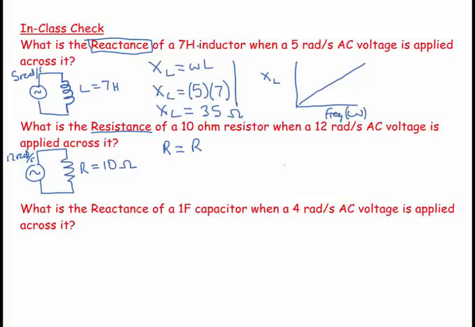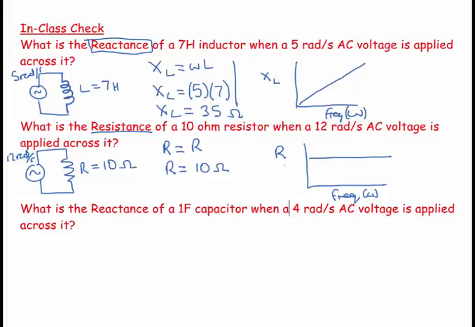There's no frequency effect. So my resistance is going to equal 10 ohms at any frequency. So if I plot my R versus my frequency in radians per second, I just get a constant value. It doesn't care. It's just going to stay at the same value.